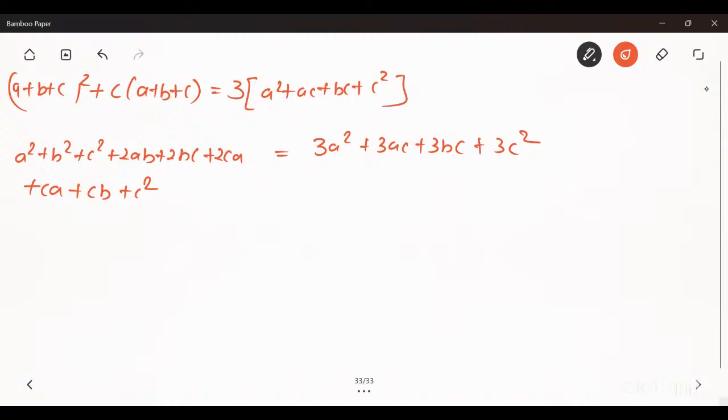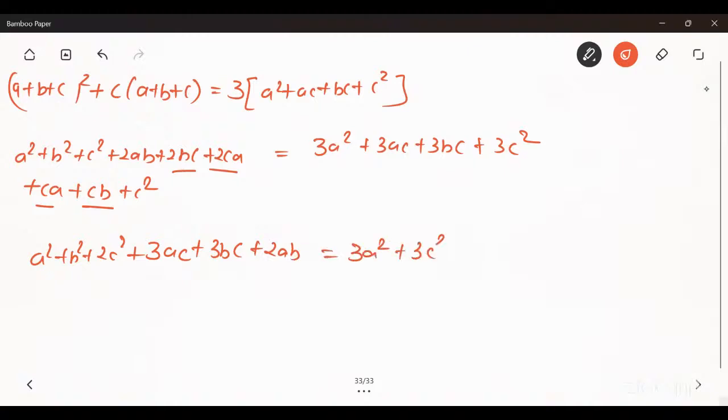Now if you see in the left hand side, A square plus B square plus 2C square plus CA plus CA, so you will get 3AC, CB plus BC, so you will get 3BC plus 2AB is equal to 3A square plus 3C square plus 3AC plus 3BC. Now cancel that part. 3AC, 3BC will be cancelled.